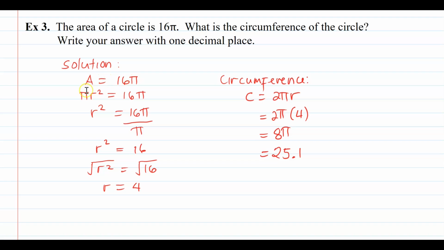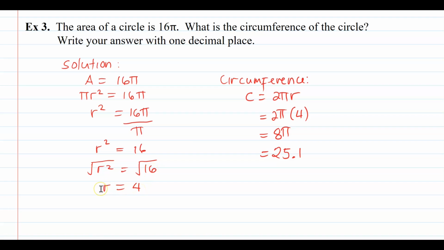We also know that A is equal to pi r squared. So by substitution, we have pi r squared is equal to 16 pi. And r squared is equal to 16 pi divided by pi. We can cancel the pi, so we have r squared is equal to 16. And we take the square root of r squared, that gives us r, and we also take the square root of 16, and that gives us 4.